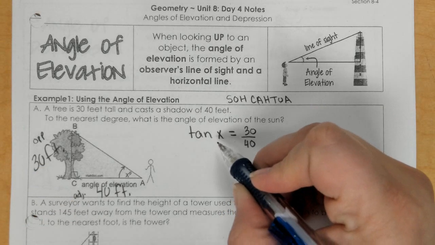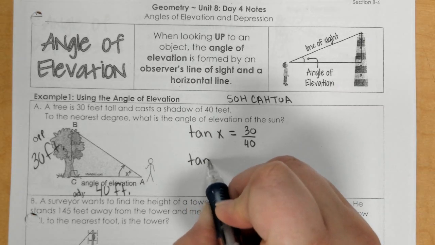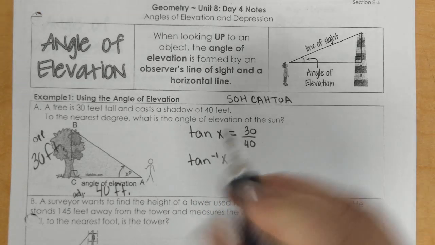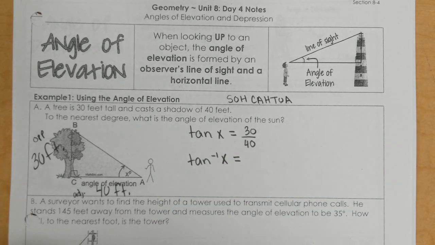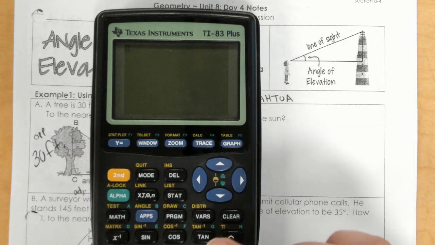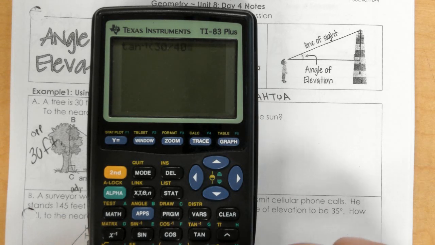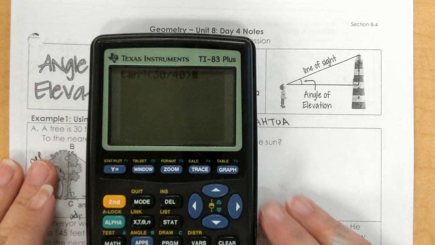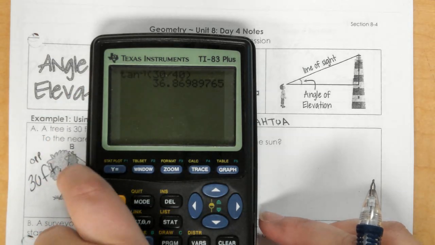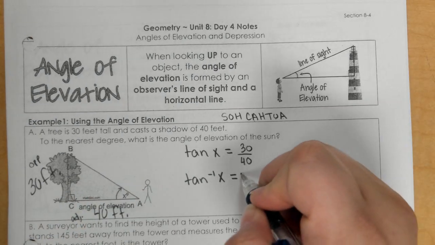And so because we're finding the angle measurement, we have to use the inverse. So tan inverse of x equals, so we use the second, tan, put in your fraction, 30 divided by 40, close your parenthesis, and we get 36.86, rounded to the nearest degree would be 37.